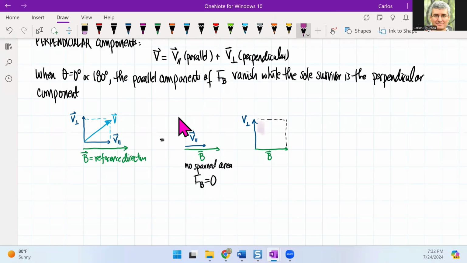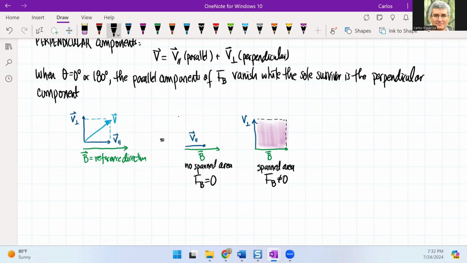This is telling us about the area right here, and it depends on that perpendicular component. So here, we do have a spanned area, which tells us then that the magnetic force is not zero in this situation.